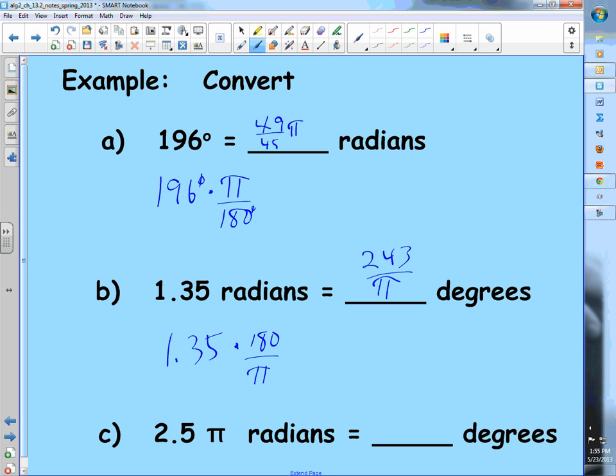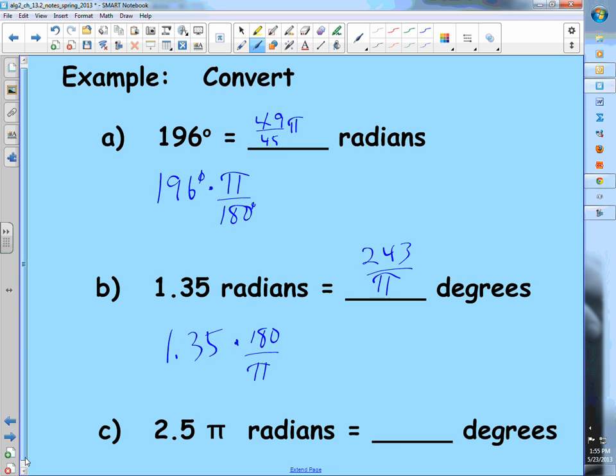When you can get exact values, we want exact values. If this were a decimal, like 243.7, then divide by pi and round to 3 decimal places.